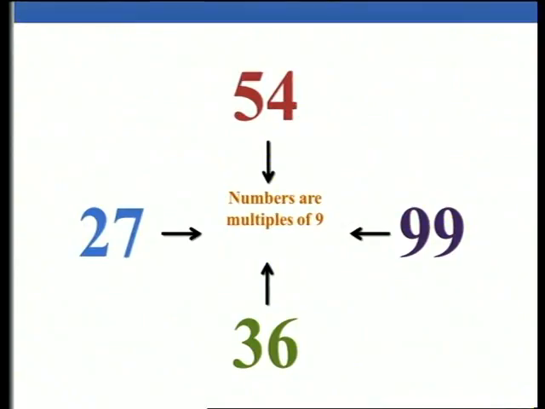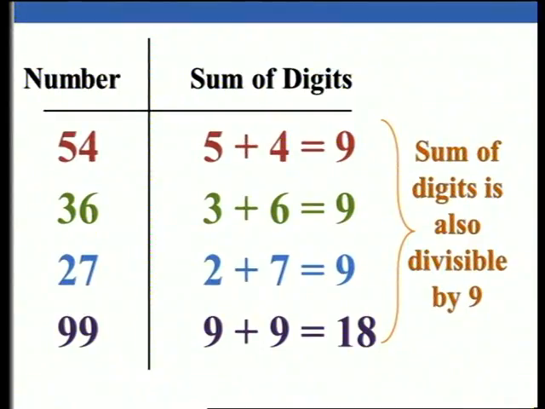Let us see how. Now I am going to give you 4 numbers. Now can you see that these 4 numbers are nothing but the numbers in the table of 9. And in the same way, if I add the 2 digits from this number, let's see what we are going to get. Now take for example number 54.